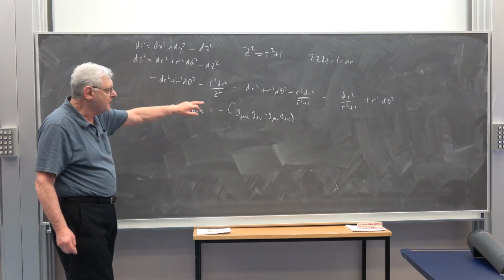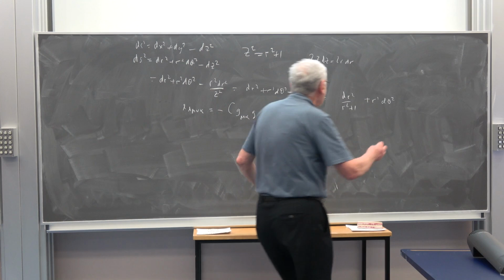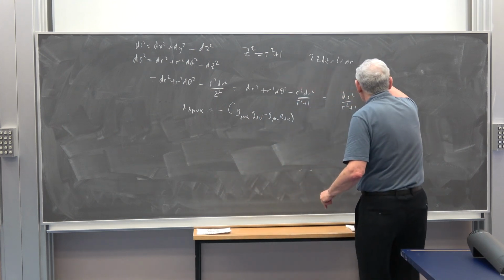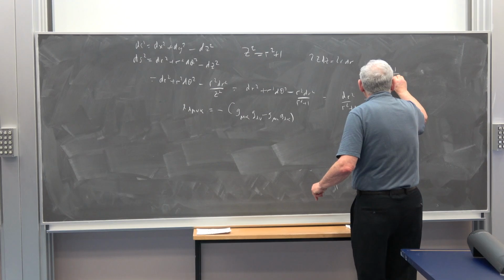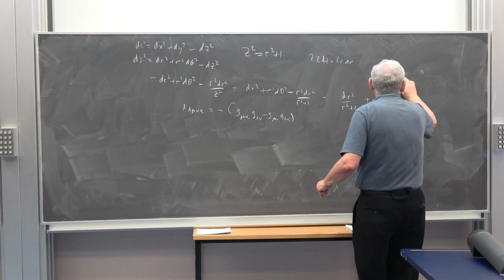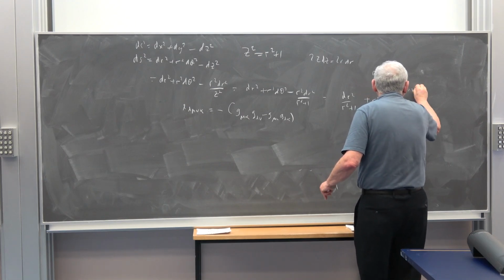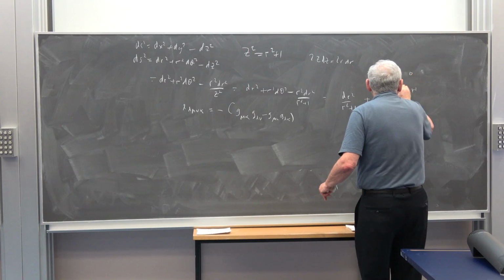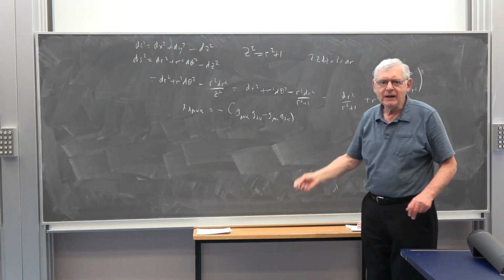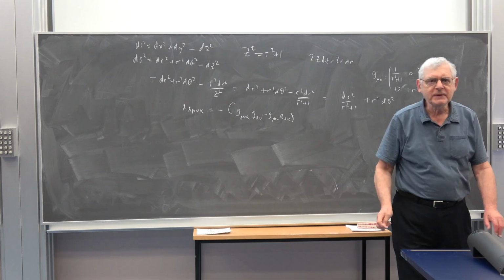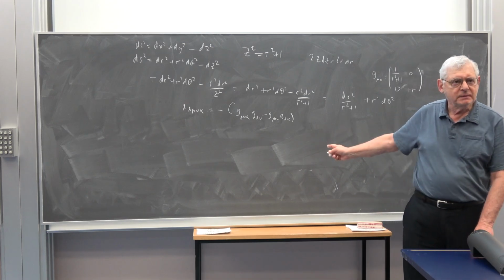The metric g mu nu is just two-dimensional. It's 1 over r squared plus 1 and r squared, 0, 0. So that's the metric. You can calculate the connection, you can calculate the Riemann tensor, and that's what it is.